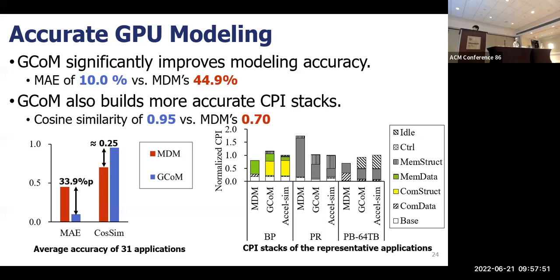GCoM accomplished it by correctly modeling the core-side stall events. For example, only GCoM can capture the compute structural stall of Rodinia backpropagation. MDM misidentifies the primary bottleneck as the memory data stall because it does not model subcore stalls.